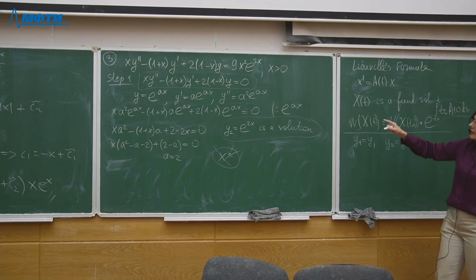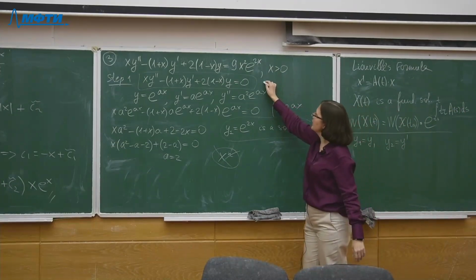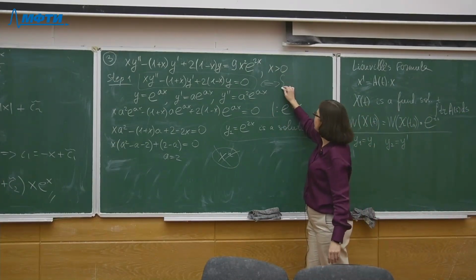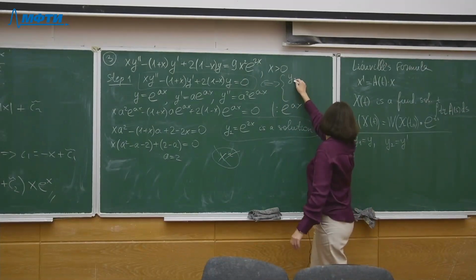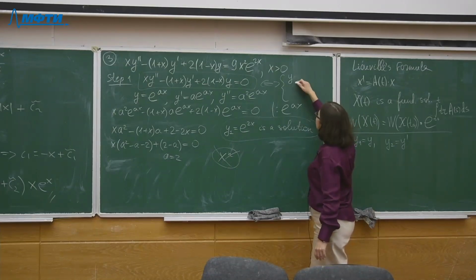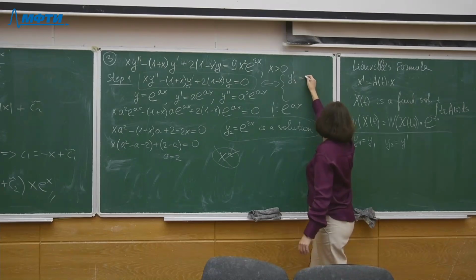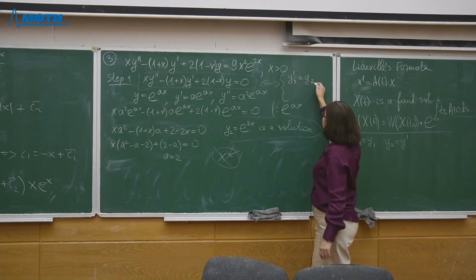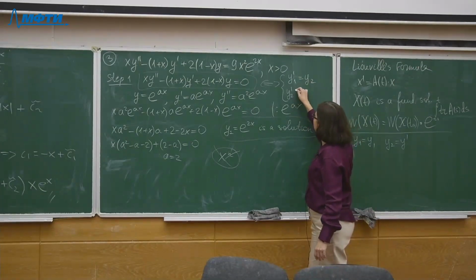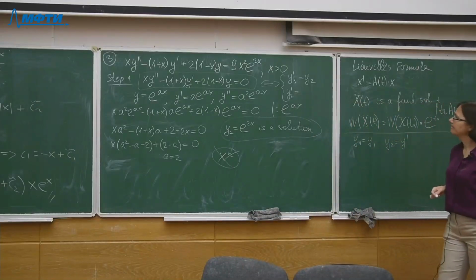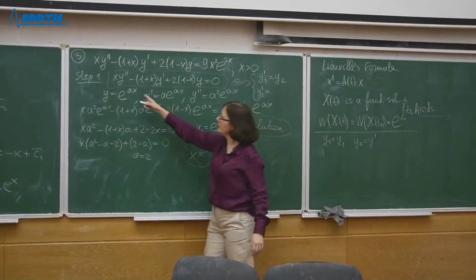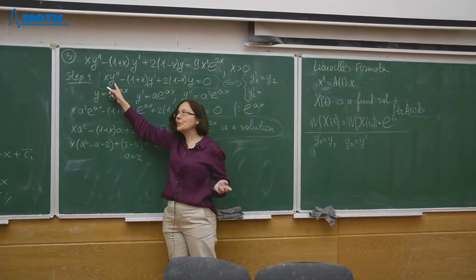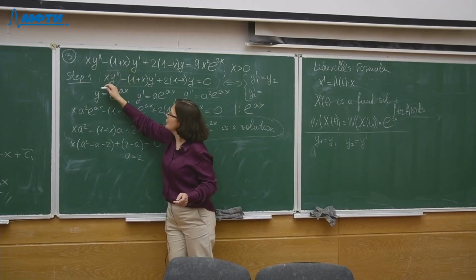And our differential equation goes to the system of differential equations of the form: y1 prime equals y2, and y2 prime can be found from this equation. y2 prime is equal to y double prime.